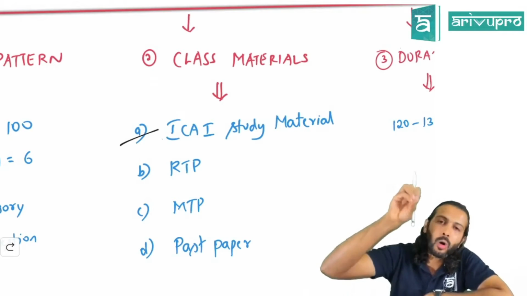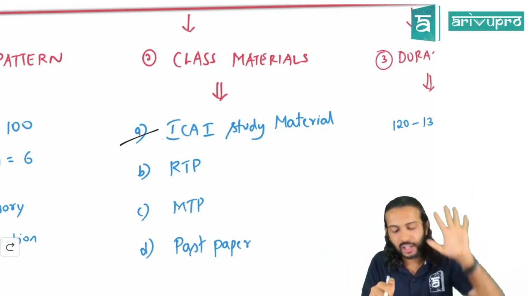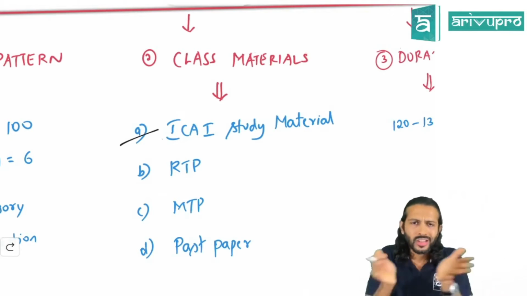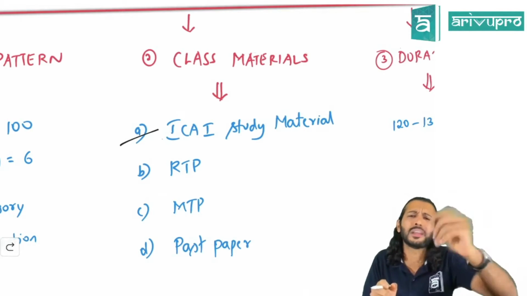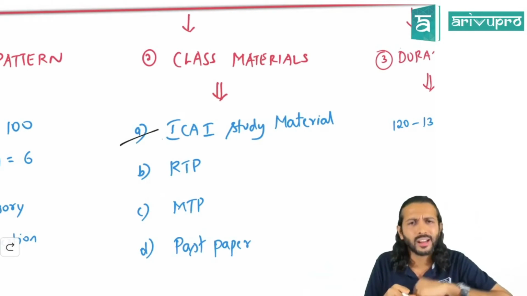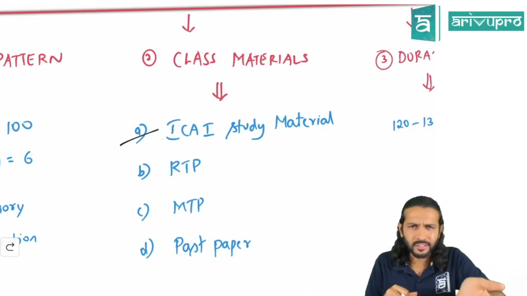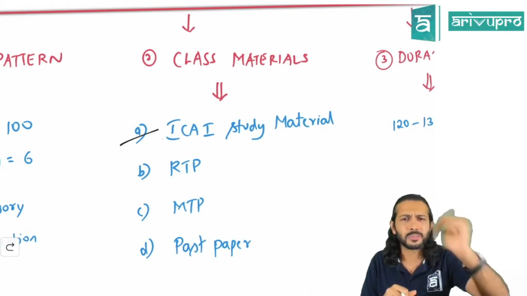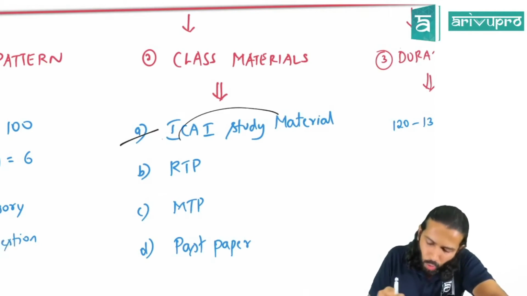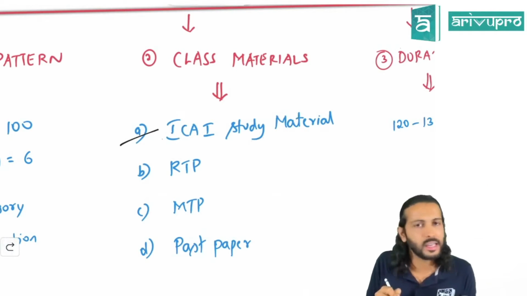All the questions of the study material have been incorporated into your class material. Class material is a synopsis of the ICAI material, which is quite lengthy. I've reduced it, taken off a few unnecessary things, and made simple, crisp notes for you. The notes have all the questions from the ICAI study material.